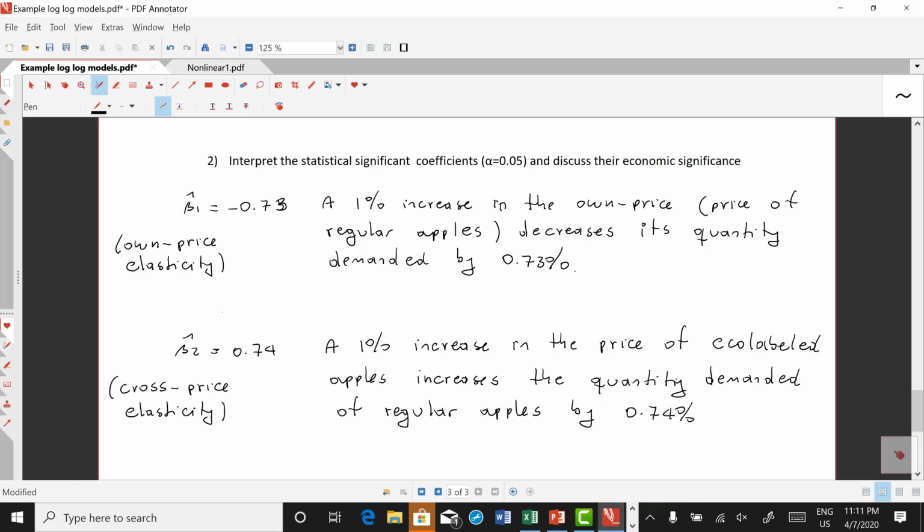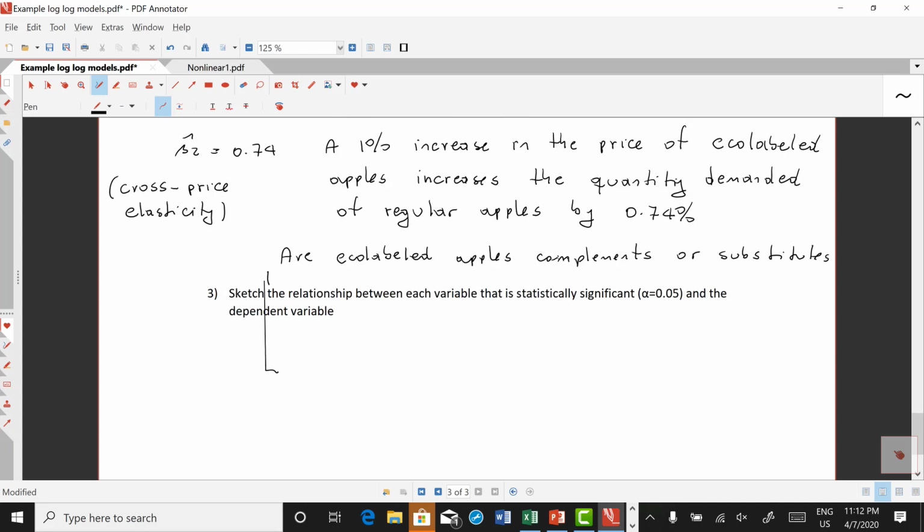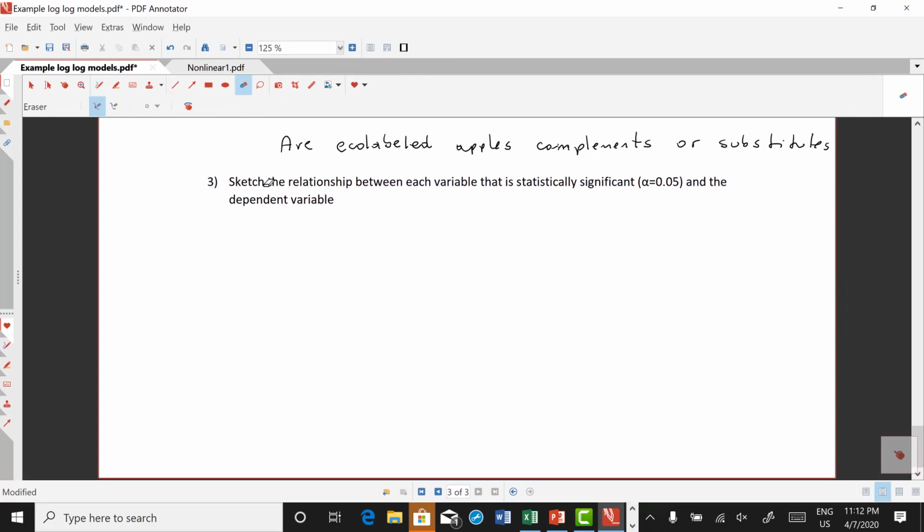Now here, something that if I were in class, I would ask you: based on the result of this cross price elasticity, based on that sign, are eco-label apples complements or substitutes to regular apples?